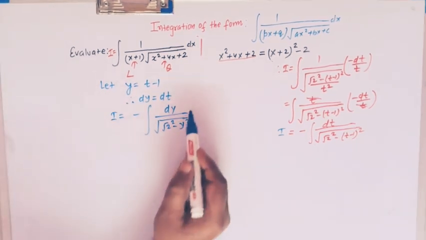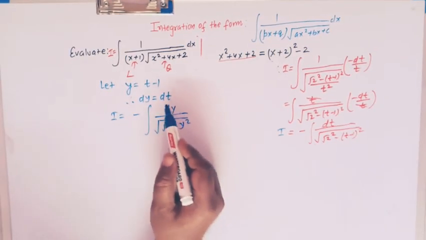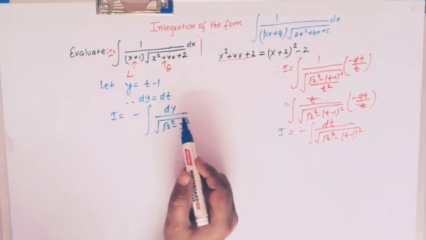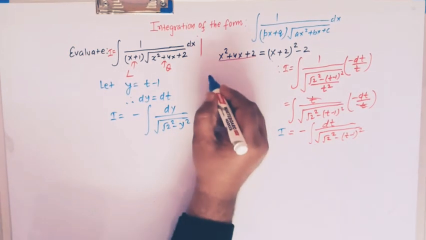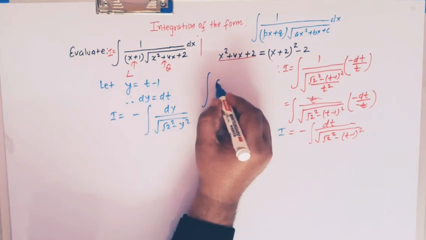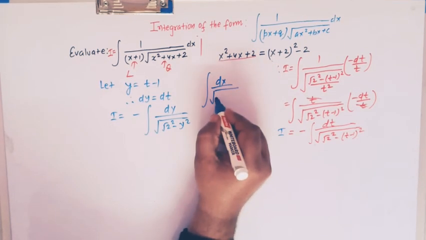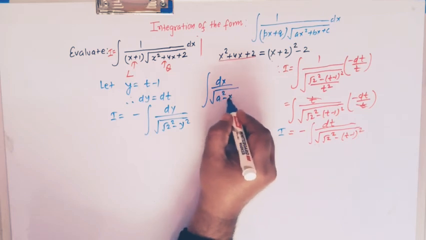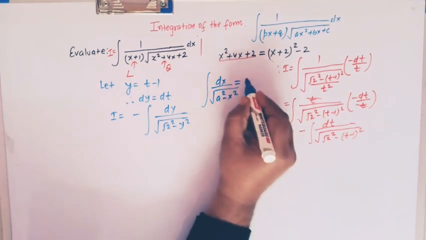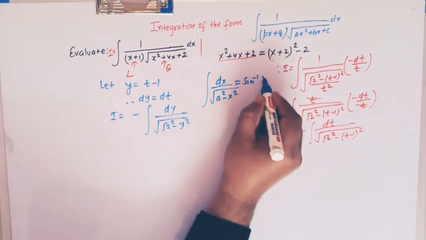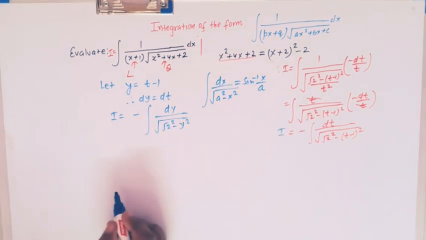Okay, so now we have a very simple integral here, because we know that the integral of dx over square root of a square minus x square is equal to sine inverse x over a, right?